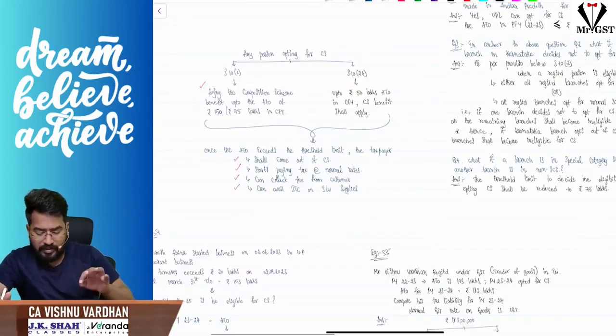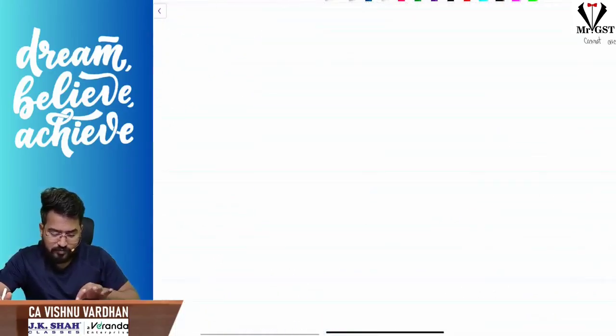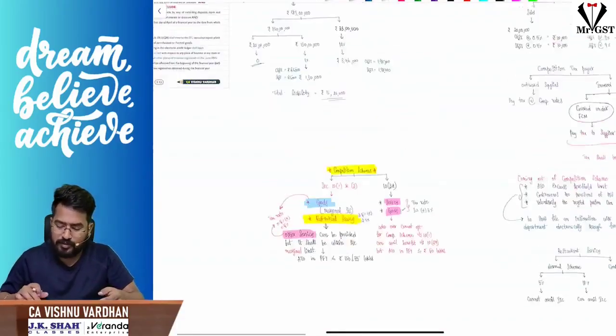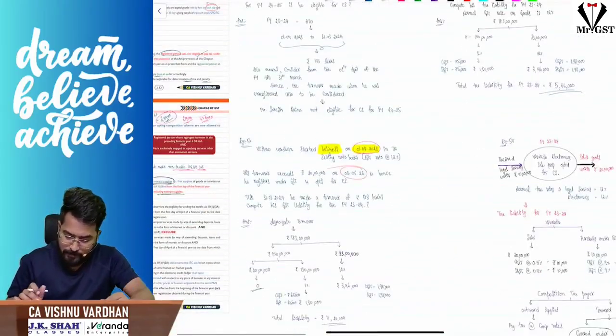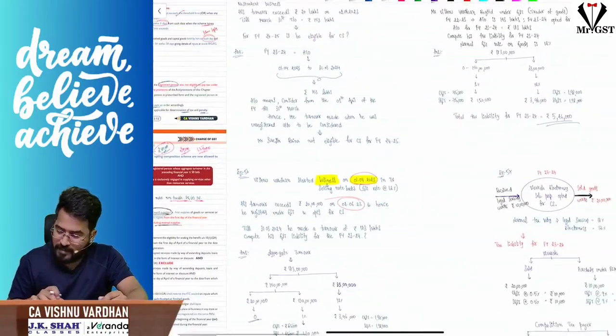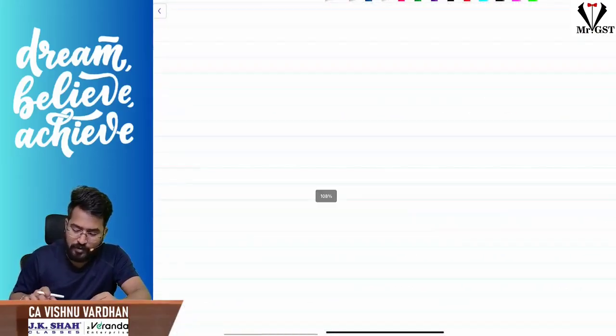Here one more interesting thing is, sir, let me show in this example. Or you just go through the examples, I'll just teach you the concept here. See now, sir, what is happening?